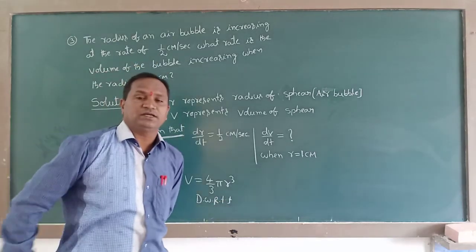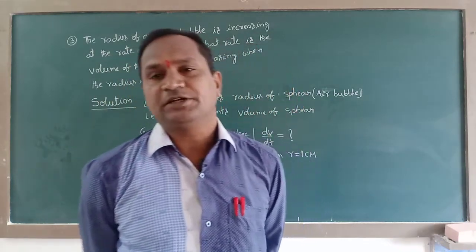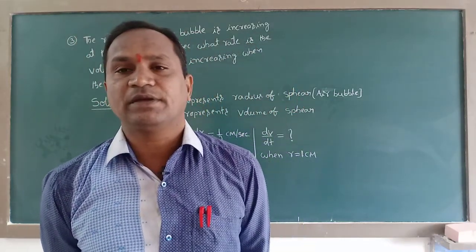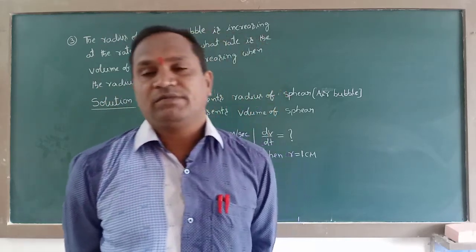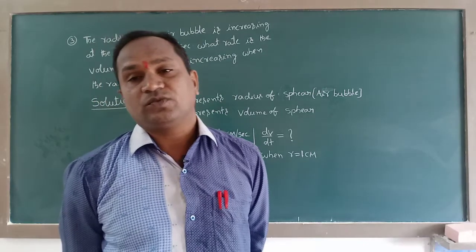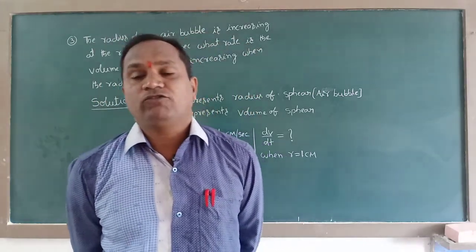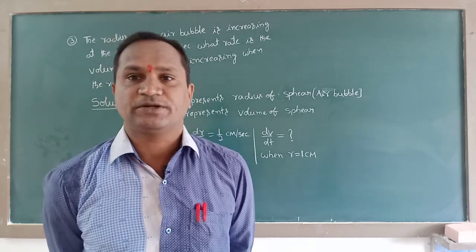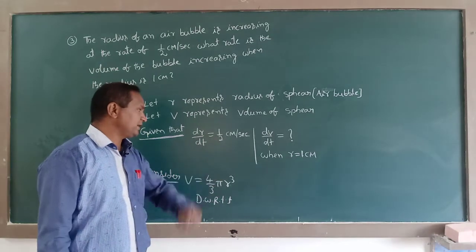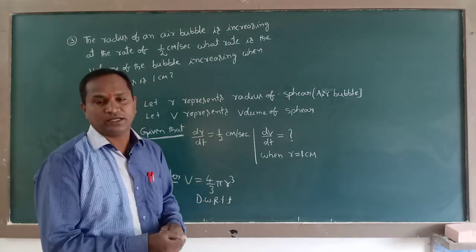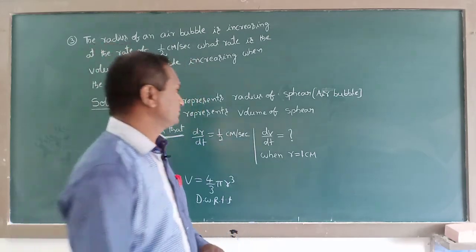Whenever a problem has centimeter per second, centimeter per minute, centimeter per hour, or meter per second, meter per hour, meter per minute, like those words, we must take a differentiation with respect to t. Here we have centimeter per second, so we take the differentiation with respect to t only.